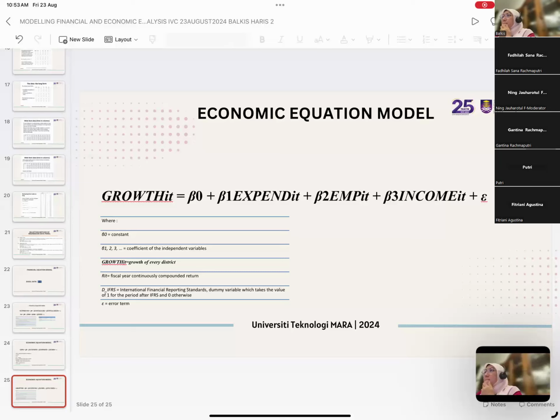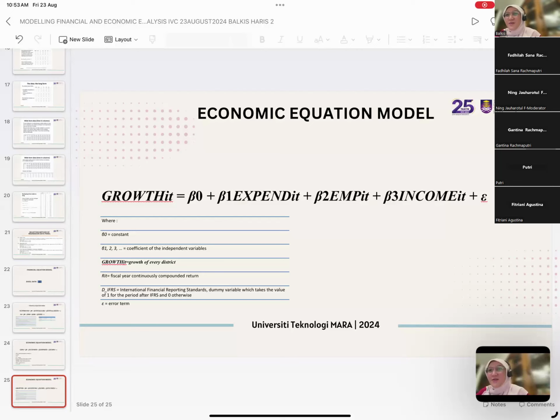Maybe like multicollinearity or heteroscedasticity. Can you repeat the question? The question is, what are the assumptions from the data that we must fulfill to use this model?